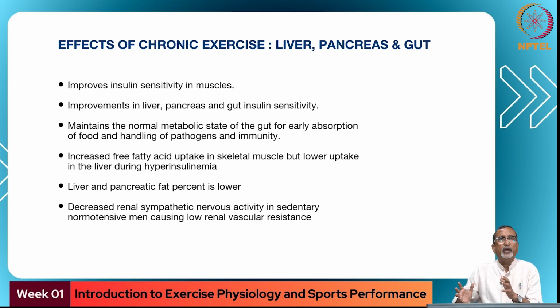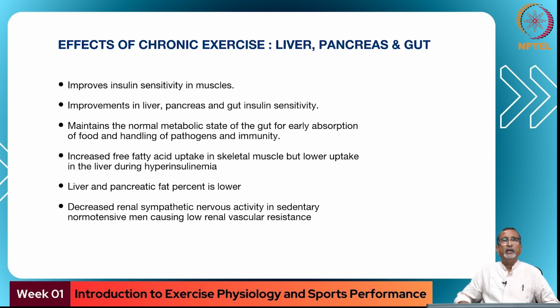Now, for all these organs, what happens from acute exercise to chronic exercise? Improved insulin sensitivity to the muscle. Obviously, the muscle improves the sensitivity. So, as the sensitivity increases, the efficiency for taking up glucose is more now. So, the muscle will work much more efficiently, it will get its energy very easily inside.